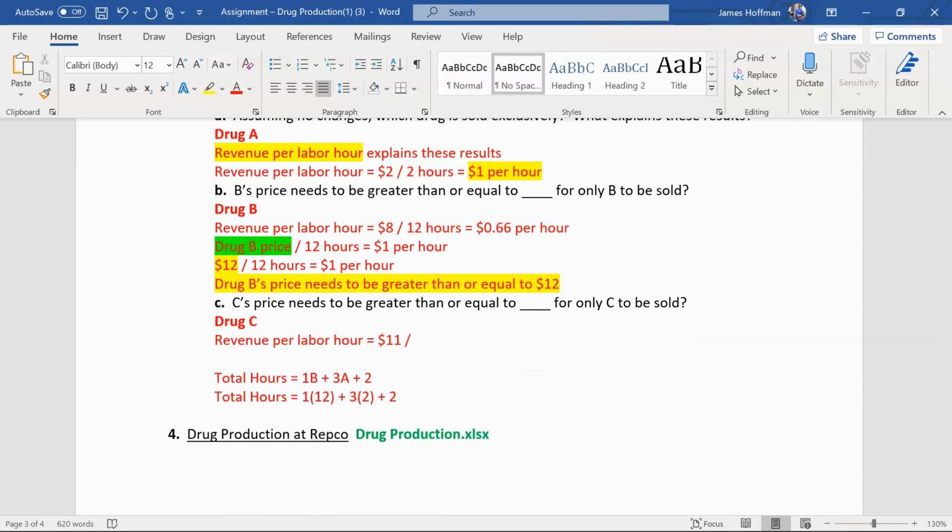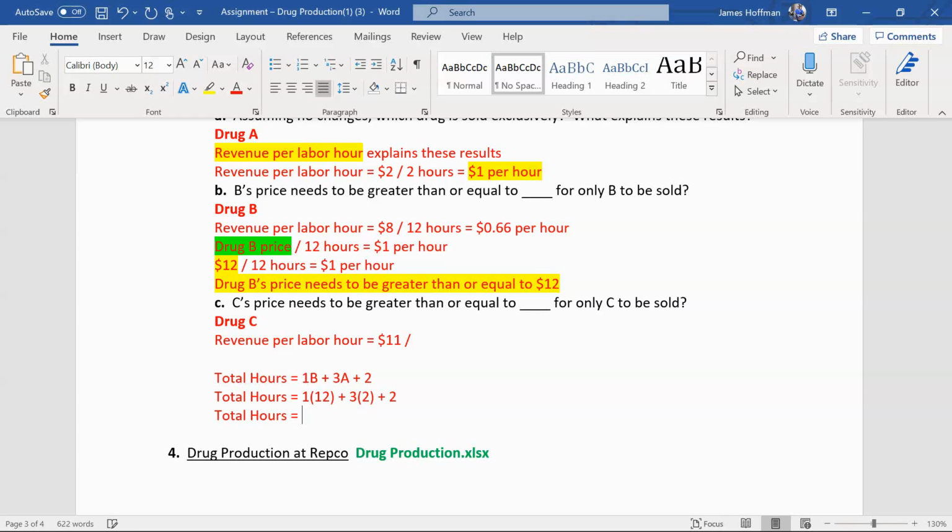So that's how you gotta do it. You have to figure out how much you need of each, and then the hours it took to make that, and then the extra hours to make it drug C. So now we got 12 plus 6 is 18 plus 2 is a total of 20 hours.